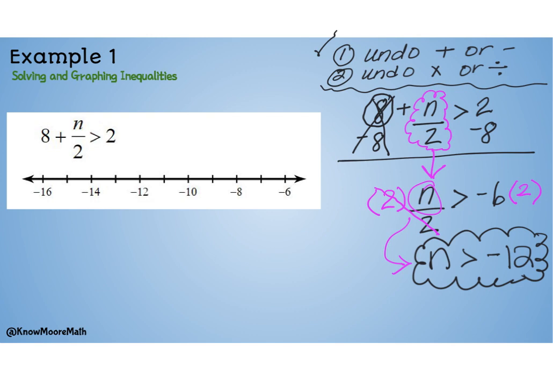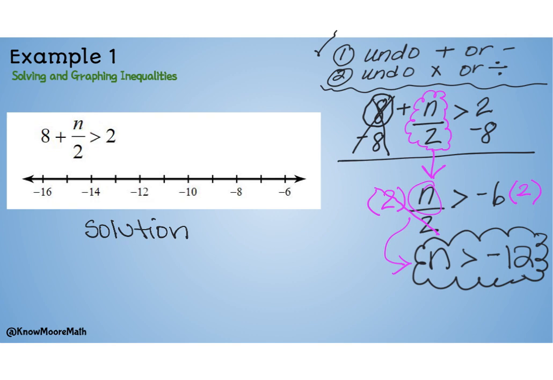Now I'm going to need to go over to my number line and plot the solution set. It's important that you guys actually realize what you're going to be plotting here. The solution is going to be numbers that are all larger than negative 12. But it doesn't say that it is equal to negative 12, right?